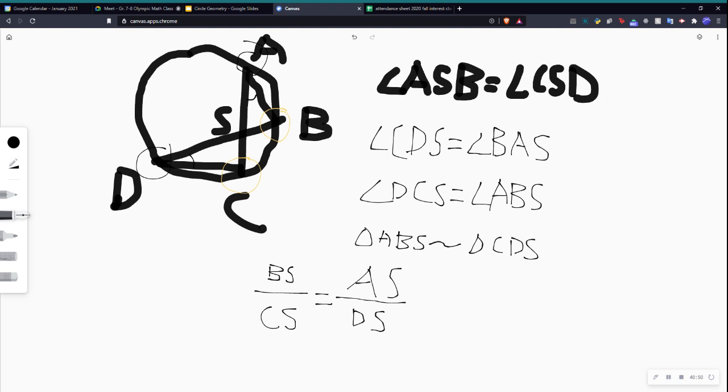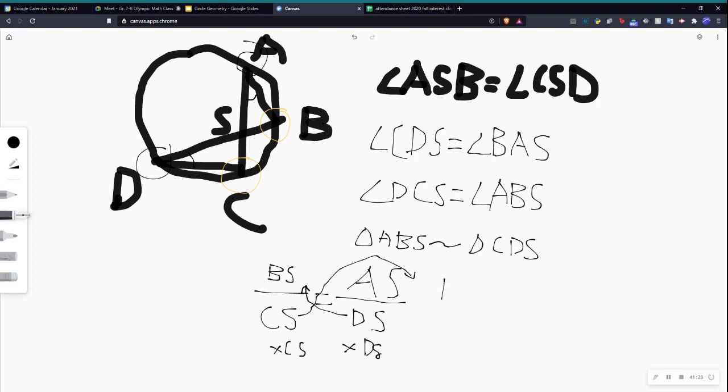Okay, so now that we have these ratios equal to each other, now we can cross multiply. So we're going to multiply both sides by CS and multiply by DS simultaneously. So times CS times DS. Okay, so what cross multiplying will allow us to do is basically we'll move this denominator to the right side, and then this denominator DS to the left side. That's how cross multiplication works.